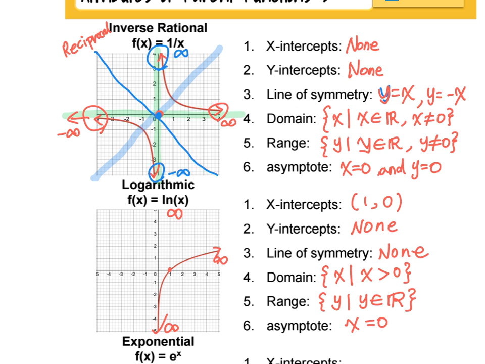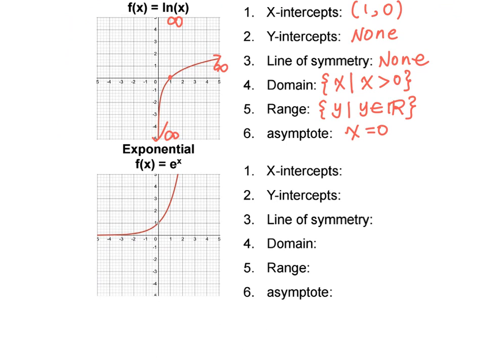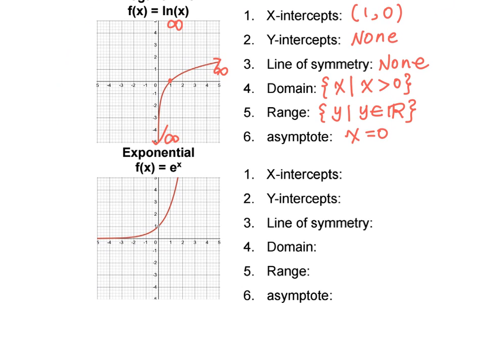Wait a minute, guys. I think we forgot one more. I'm sorry. All right, let's do it quickly. The exponential function is f of x equals e to the x power. So you have a variable as an exponent. That's an exponential function, right?